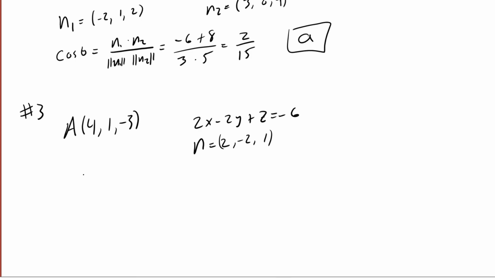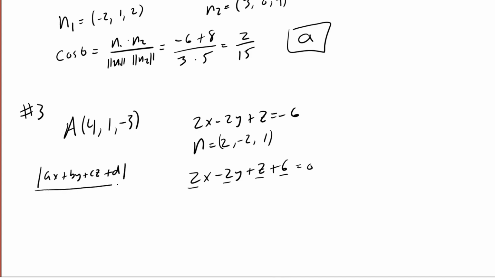Okay, so we have this formula. If I write this with this number on the other side, I need to do that. So this is going to be A, B, C, D. I use this formula: Ax + By + Cz + D over the square root of A squared plus B squared plus C squared.